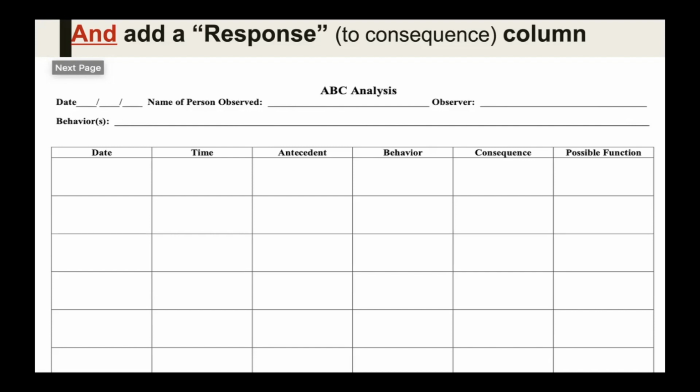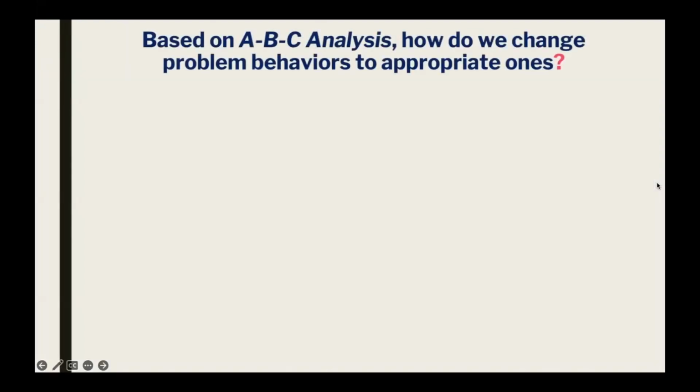In the days or weeks preceding that meeting, any incident that pops up, you are recording it on an ABC form and guessing what the possible function might be, although that is typically determined at the FBA meeting, where we consider all the information we have on a student and determine what we believe to be the function, and then we may even engage in some tests to determine whether we are correct in identifying that particular function.